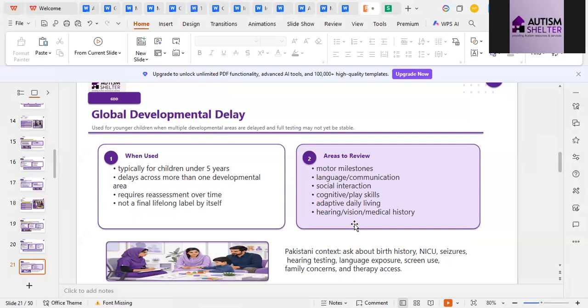When the child cries at the peak moment of birth, it's very good. When there is a delay of 1 second, 5 seconds, even 30 seconds, even 1 minute, get the idea that there is going to be some disorder in that child. Okay, screen time matters a lot, so you have to also look at this.